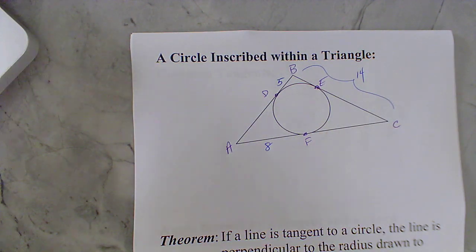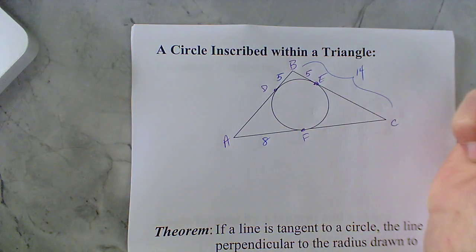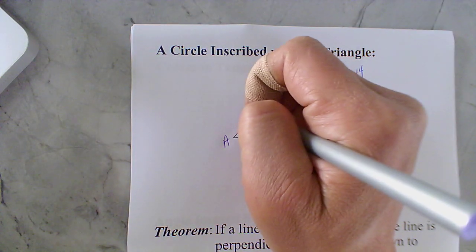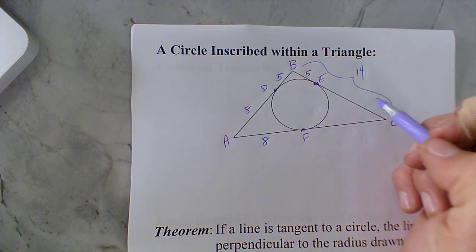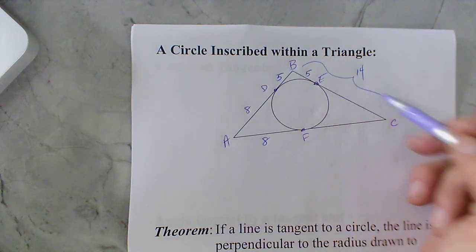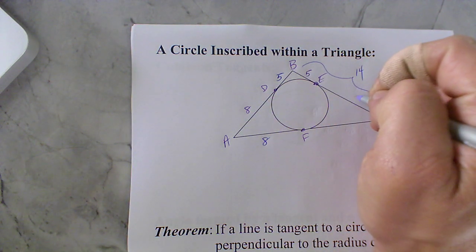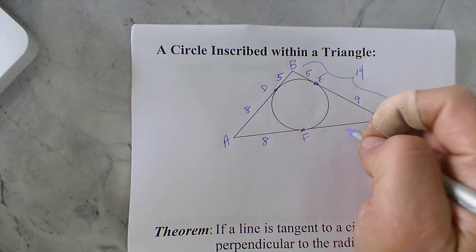So you can sit there and go, hold up. If this is 5, then I know this is 5. And if this is 8, then I know this is 8. Well, hold on. It's not this outside piece that's 14. The whole piece is 14. But if this is 5 and this is 14, I can subtract and get 9, which makes this piece 9.